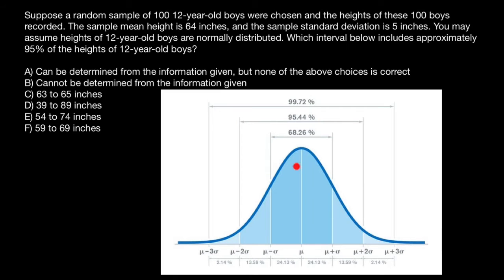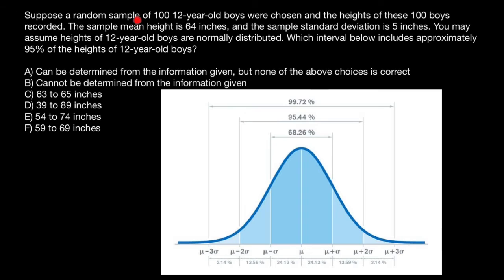Within one standard deviation from the mean, you can find 68.26% of the distribution of the collected data. And within two standard deviations, to the left and to the right of the mean, you can find 95.44% of the collected data. And within three standard deviations from the mean, you can find 99.72% of all data. Now let's return to our problem.